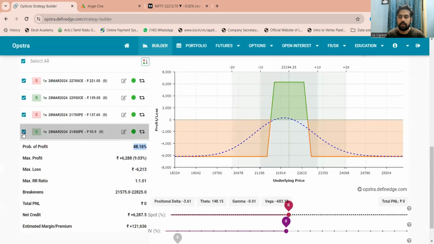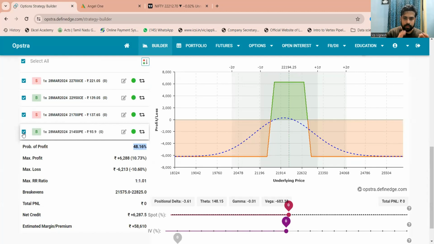In an iron condor, when you have this protection, when you're trying to have a maximum profit and maximum loss locked in, you have to pay something to get something else. So for getting a cap on your loss, your probability of profit is getting reduced.